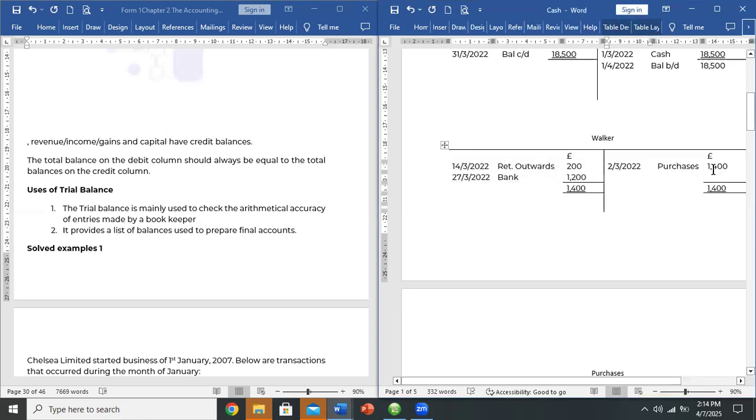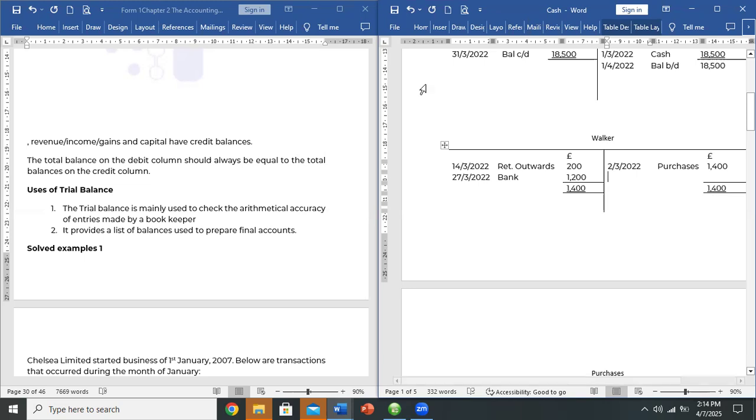So we'll just put in the totals and we drew the total lines. That's all. There is no carry down, there is no brought down, right? So that's how you just put in the totals, draw the total lines, and you move on to the next account if the two sides are equal. Thank you, sir. Okay, thank you too.